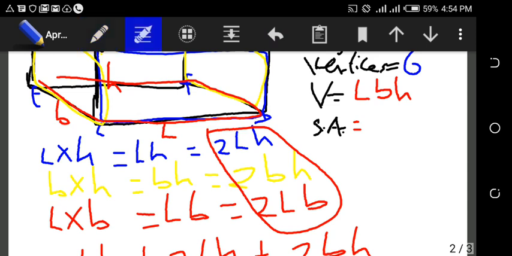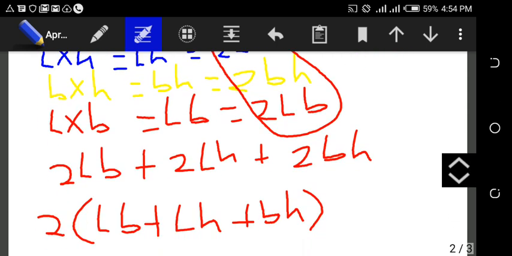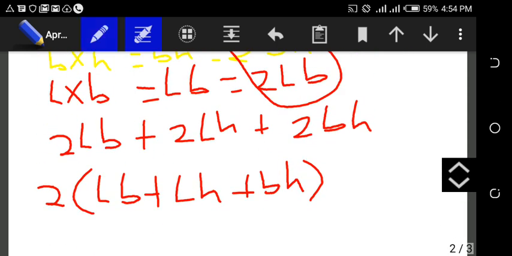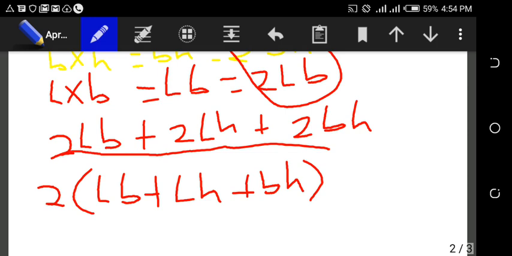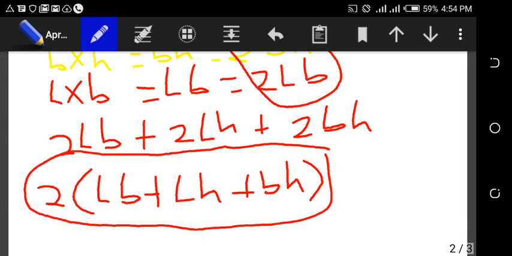Let me not try to squeeze this in. So this is the surface area of your cuboid: 2 into bracket, LB plus LH plus BH. That will give you the surface area of a cuboid.